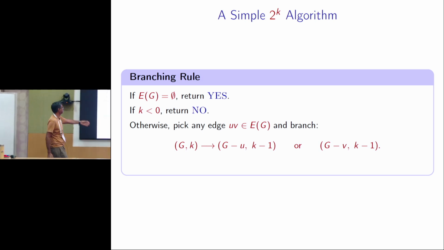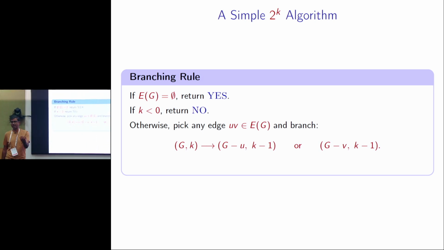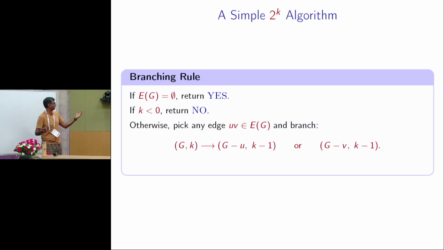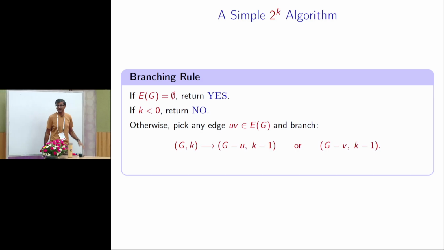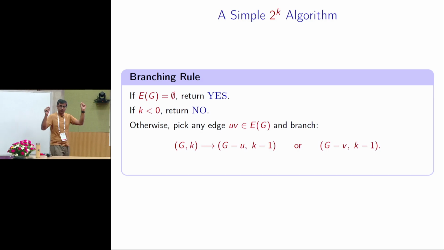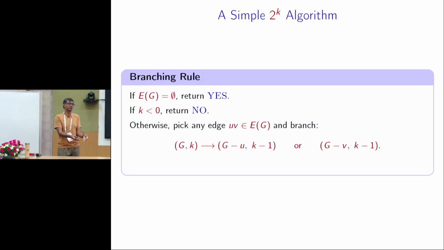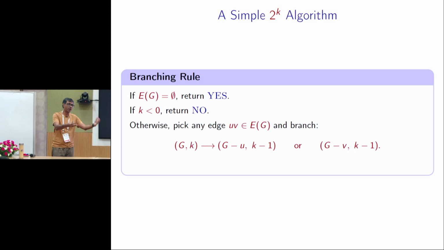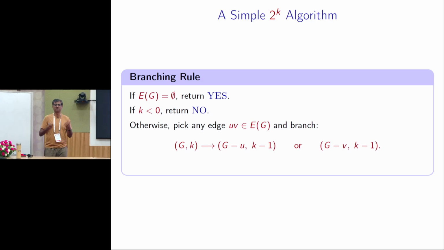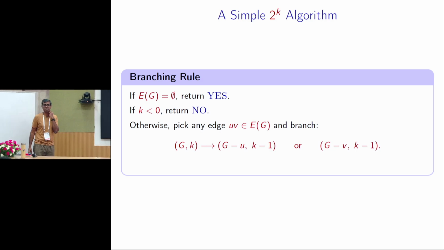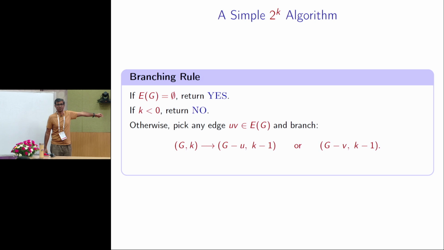And of course I have some base cases, which say if K is less than 0 then return no, or if the edge set is empty, some such base cases. But basically, if you have an edge, you look for a solution containing at least one of the endpoints. You try to find a solution containing one and see if that leads to a solution. You try to find a solution containing the other. If either of them succeeds, you succeed, else you fail. This is what is called an FPT algorithm.